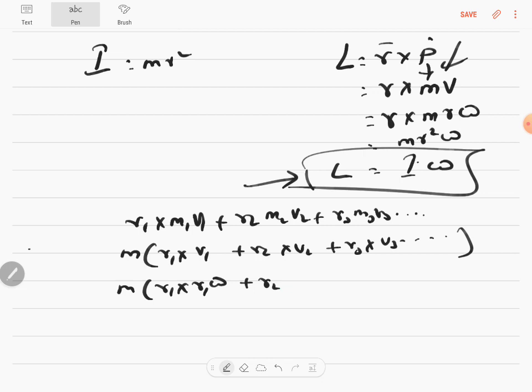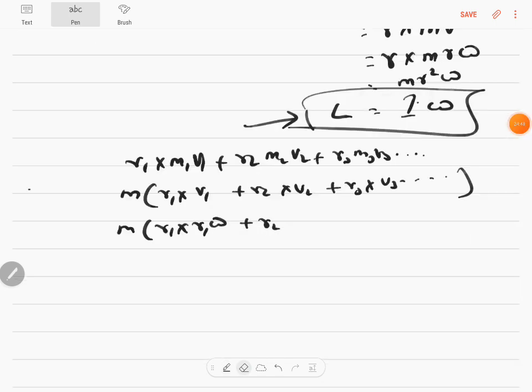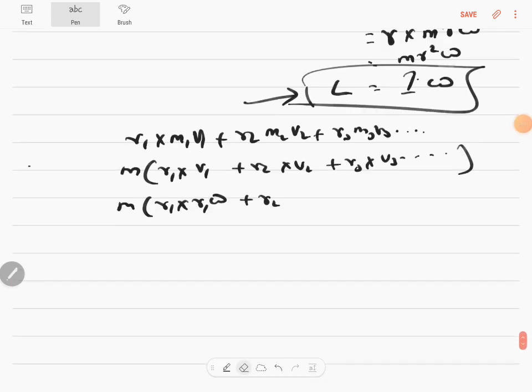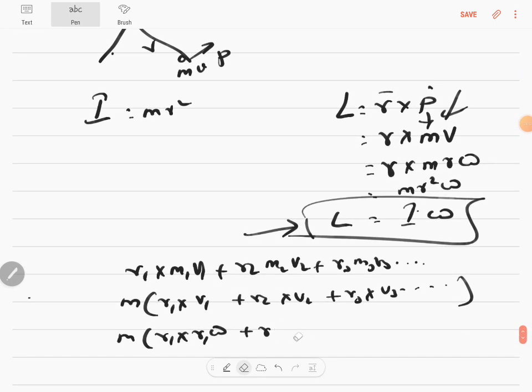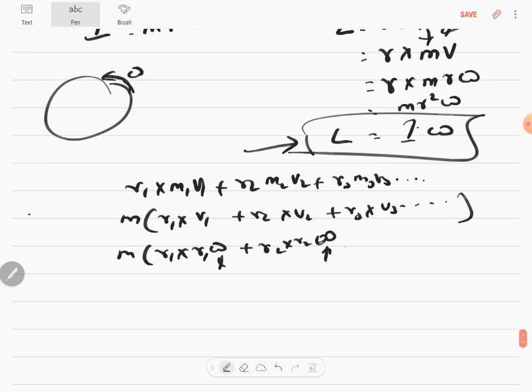r square omega. So r2 into r2 omega, the angular velocity will always be the same. For a rotating body, omega is always going to be the same. So it's not omega 1, it's just omega.